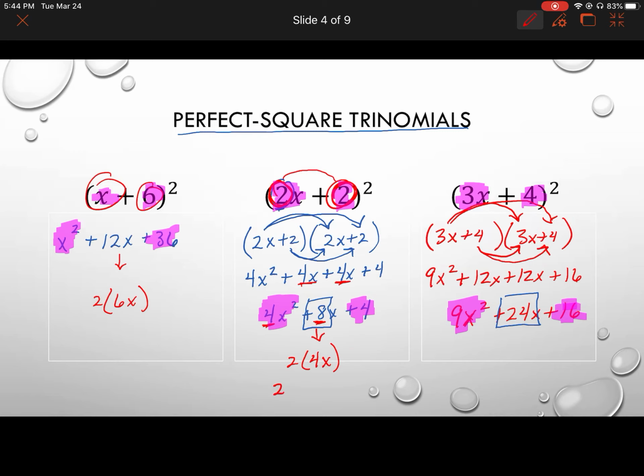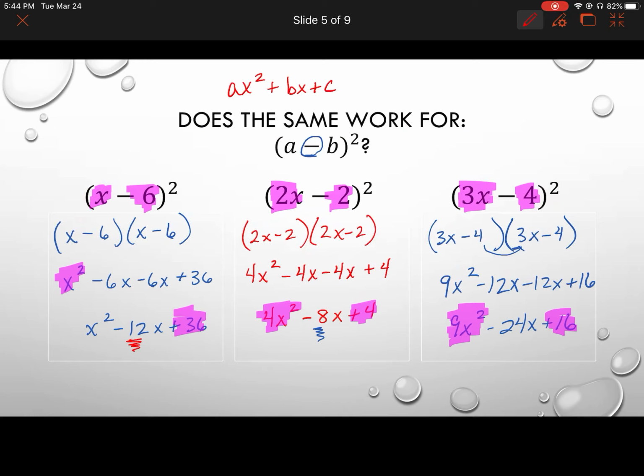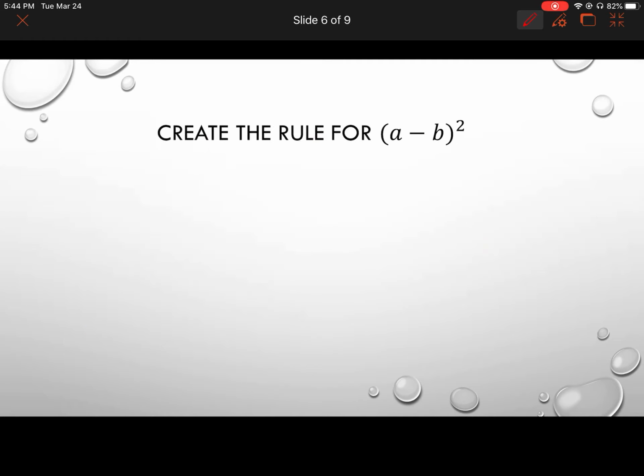So really what we have is 2 times 2 times 2x. And if I divide 24 by 2, I get 12x. But really what I have is a 3x and a 4. And I put those out of order. Doesn't matter though. If you were to look at that across all of them, they're all going to be the same. So let's talk about this pattern and how it can work for us.